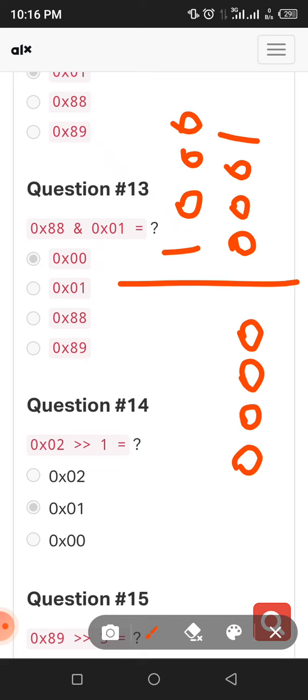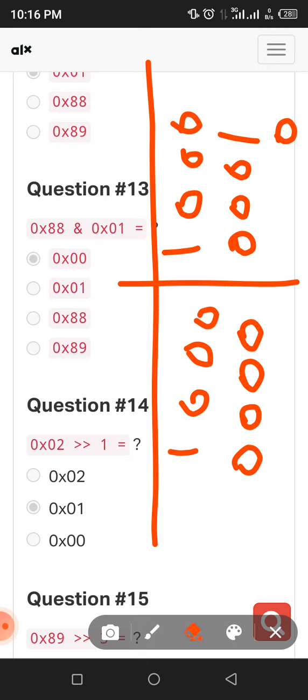We are using the AND gate, and the AND gate simply means that the two people must meet the requirement. So for this guy, 0, because only one person meets that. 0, 0, 0, 0, in fact 0, 0, 0.